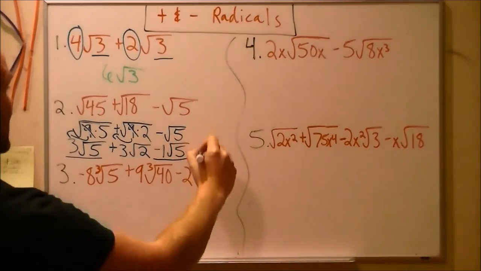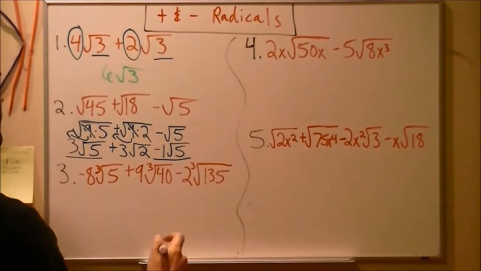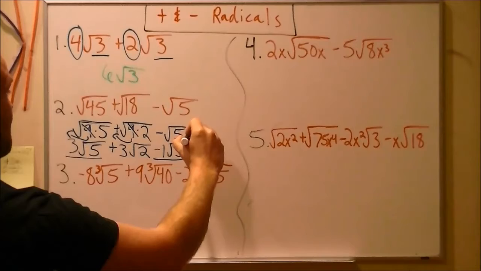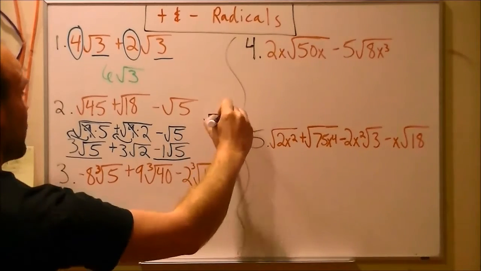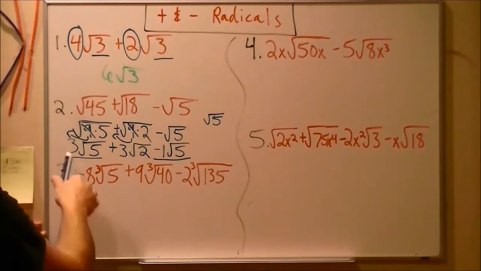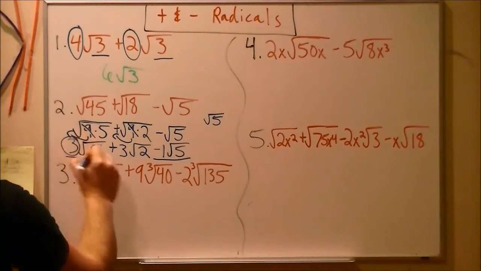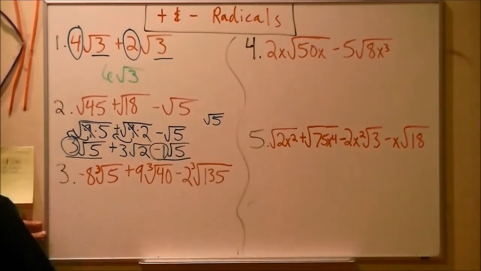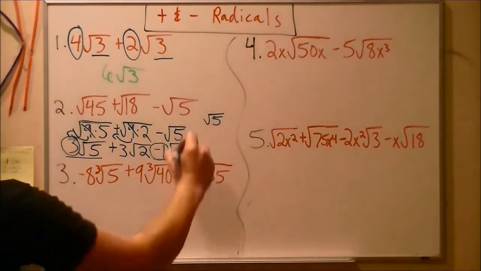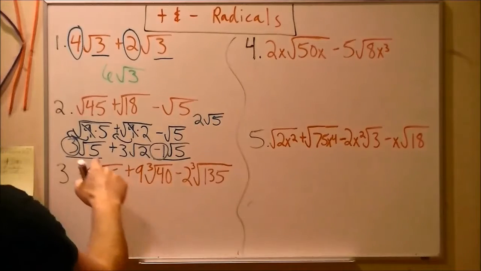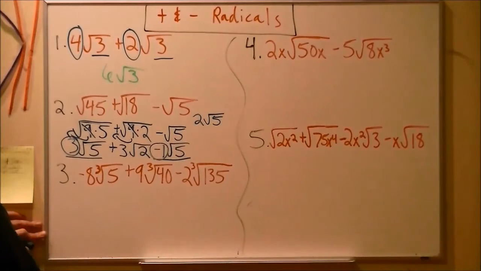Okay, and so I can rewrite, I know I'm running out of space here, forgive me for that, but I can write my base, square root of 5, and just add or subtract my numbers that are in front of that. What's 3 minus 1? 3 minus 1 is 2. Keep my base, the common base between those two. I'm just combining like terms here. So I have 2 square root of 5.